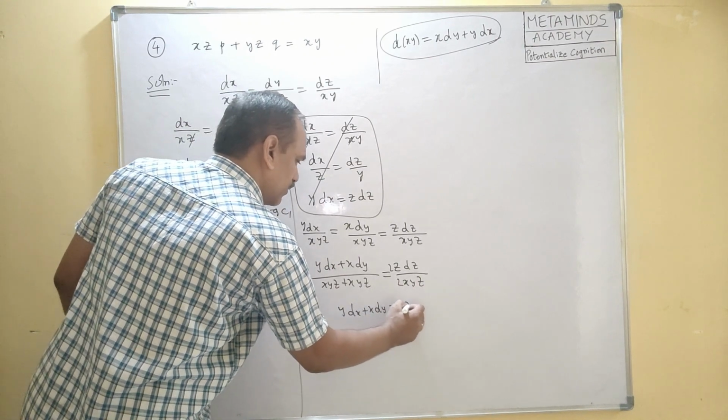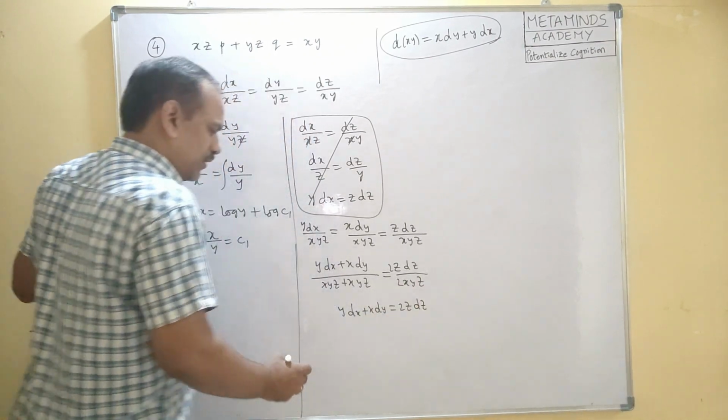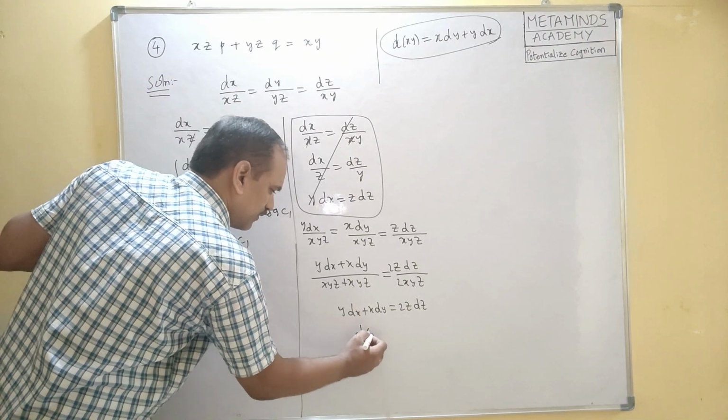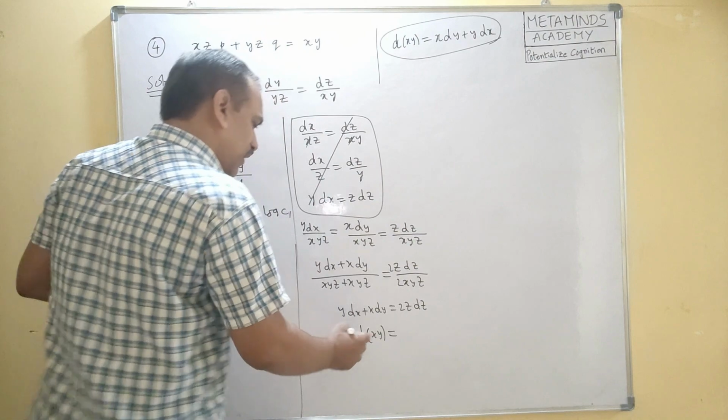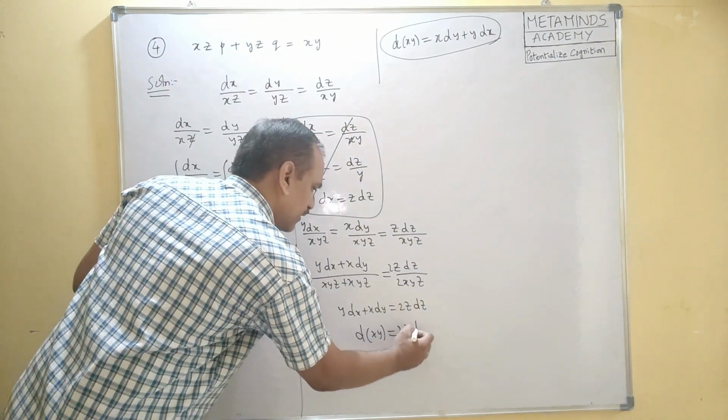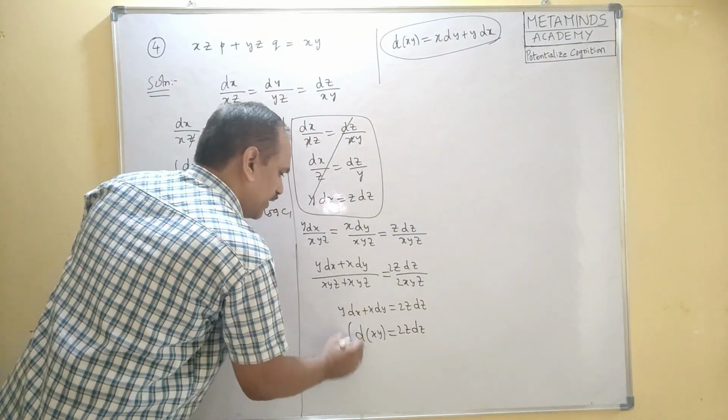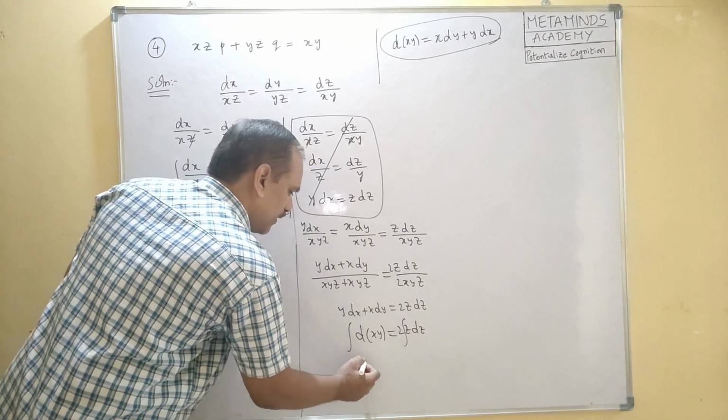y dx plus x dy equal to 2z dz. This you can write as d of xy by this formula, which is 2z dz. Now you integrate on both sides. What do you get?